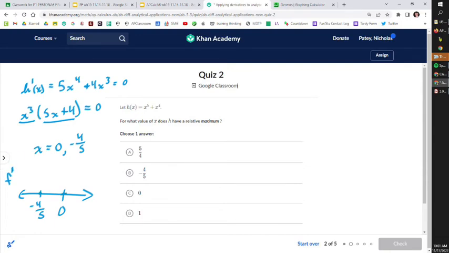For h prime, I'm looking at it right here. Do you guys know what this function would look like? Do you know what the end behavior would be for this function? You guys remember when we talked about end behavior? Here's the chart really quick.